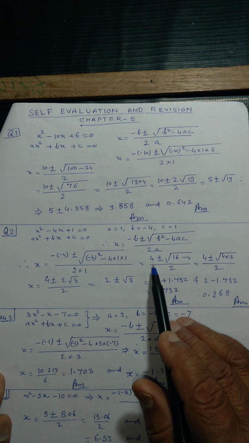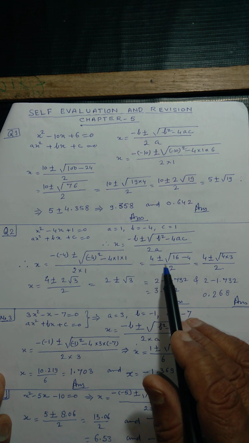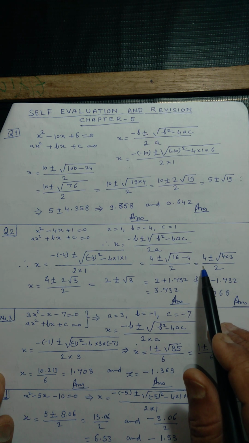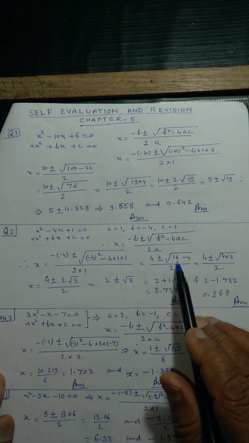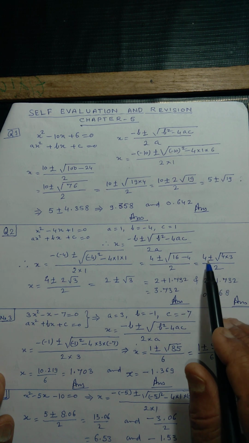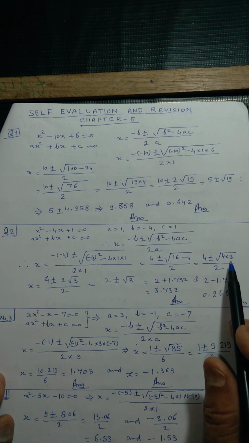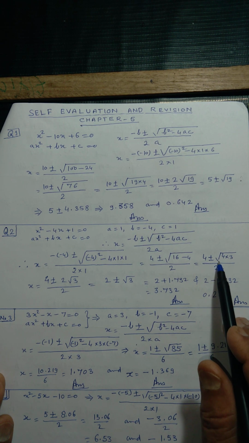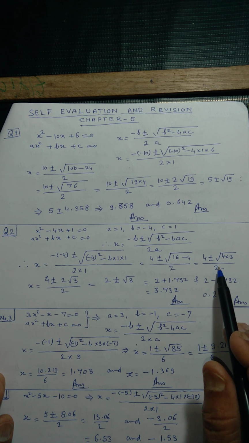It will be equal to 4 plus minus root 16 minus 4 by 2. Then we will get 12 here. 16 minus 4, 12. That 12 can be written like 4 into 3. So I have written here 4 plus minus root 4 into 3 by 2.